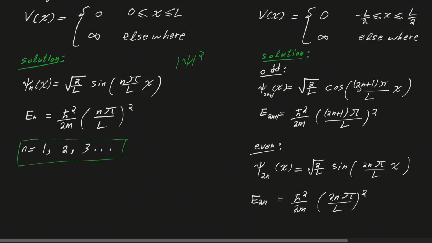One went with a cosine function and odd multiples of pi, and it had its own energy eigenvalues, and we had an even solution where the index was an even number and it was a sine function, and it had its own energy eigenvalues. So it appeared that by just shifting the coordinate system, we've made two different solutions that don't resemble the original one at first glance.